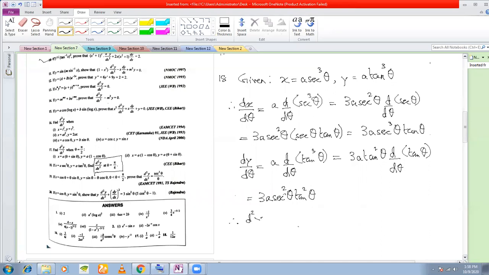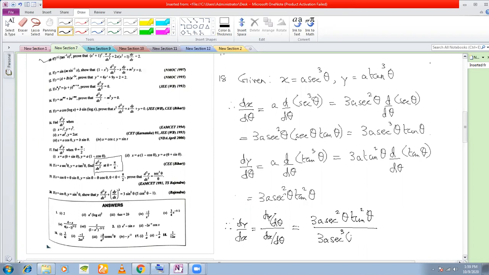Therefore, dy dx is dy d theta by dx d theta. And dy d theta is 3a sec square theta tan square theta by 3a sec cube theta tan theta, which is equal to tan theta.